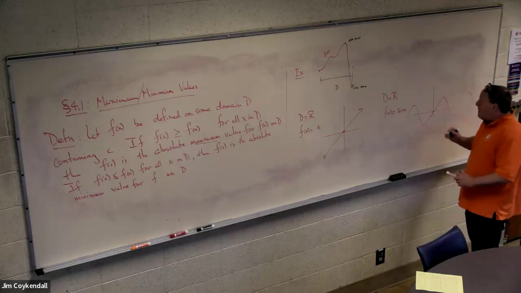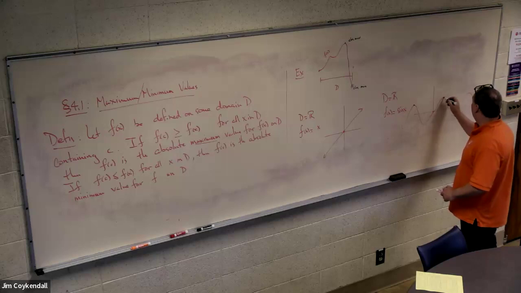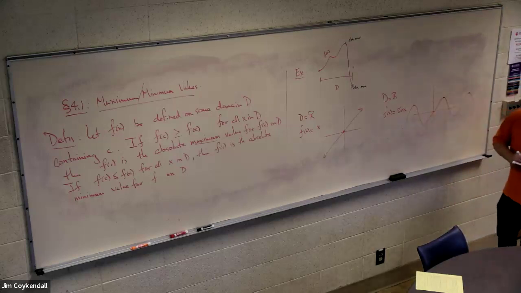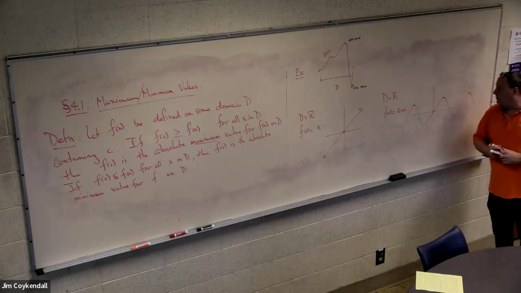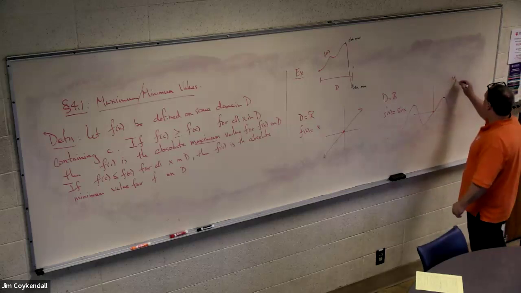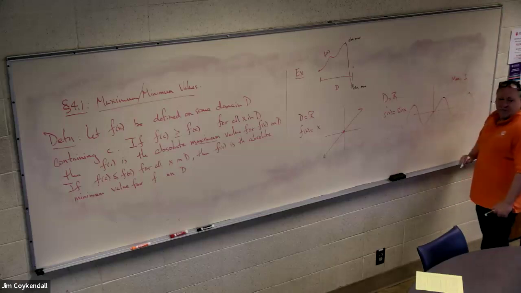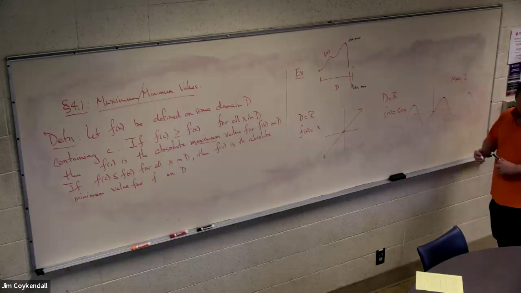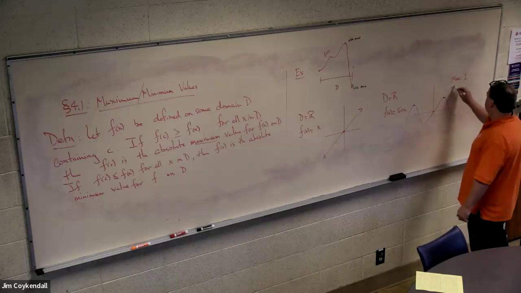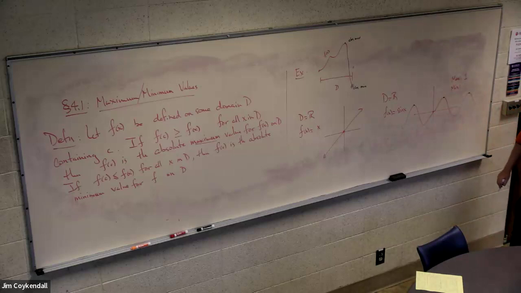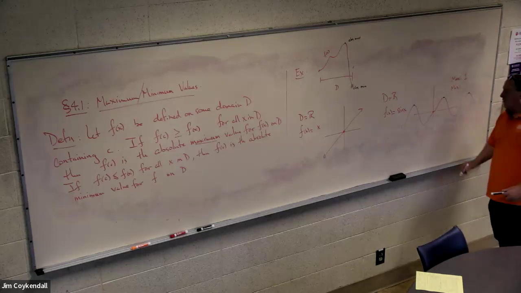Well, the maximum actually is one, because that's the y value. And it occurs every so often. It occurs at pi over two, 5 pi over two, negative 3 pi over two. So the maximum is one, and it occurs infinitely often, right? What about the minimum? Negative one, also occurring infinitely often.